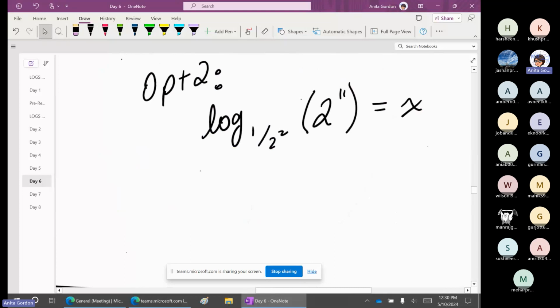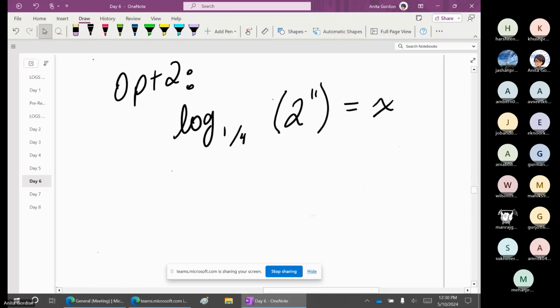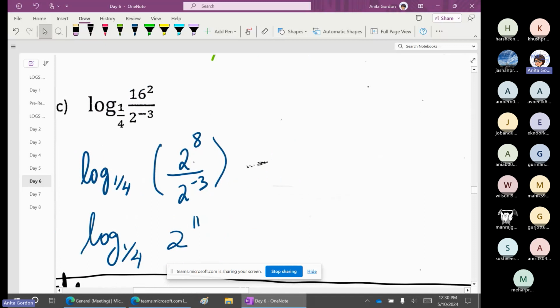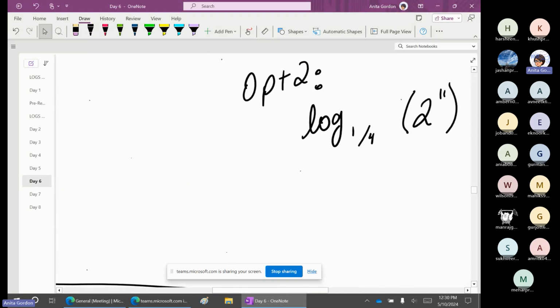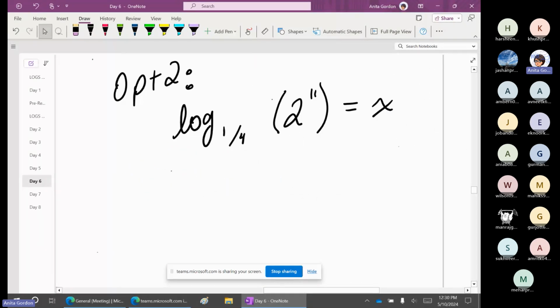One over 2 squared. Okay. Leave it as a 4. Okay, look here, I'm just rewriting this. So I'm showing you how you could do it another way. Make it equal x and solve for x by rewriting it as an exponential rather than a log.